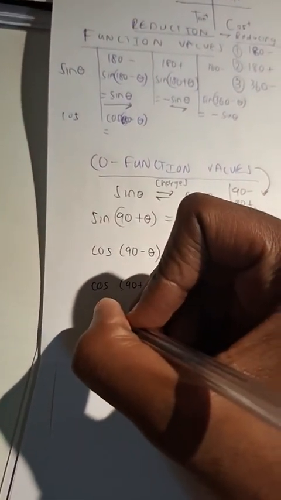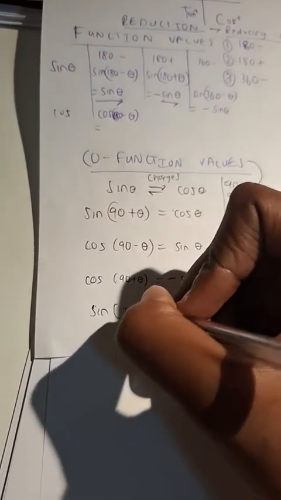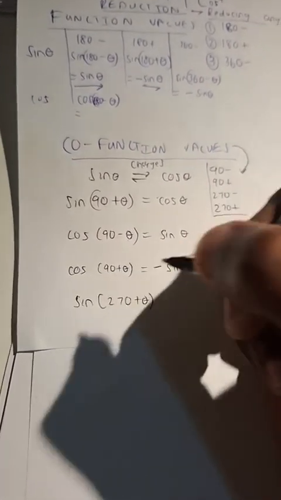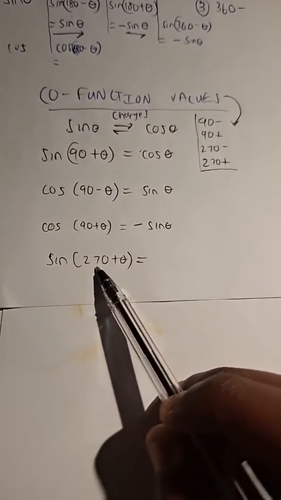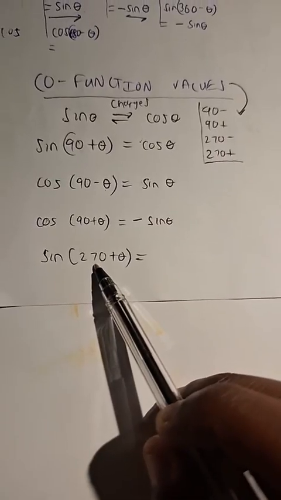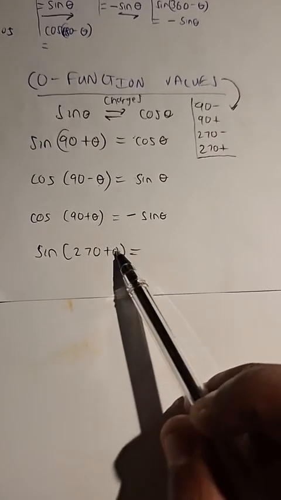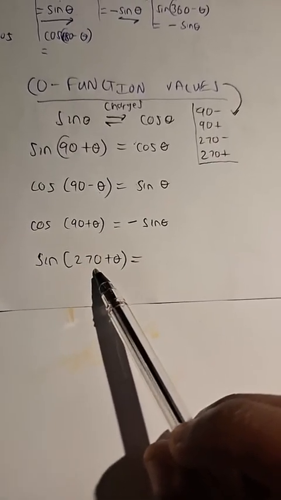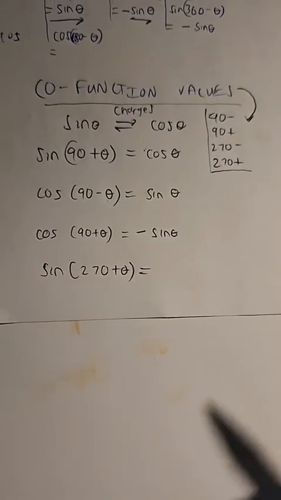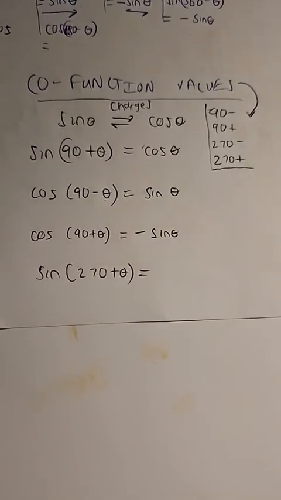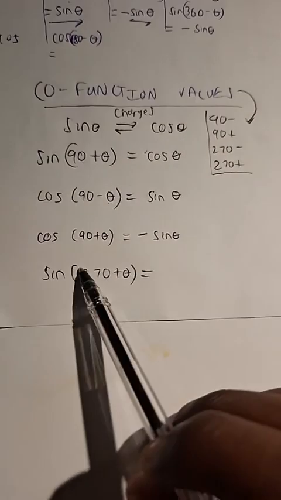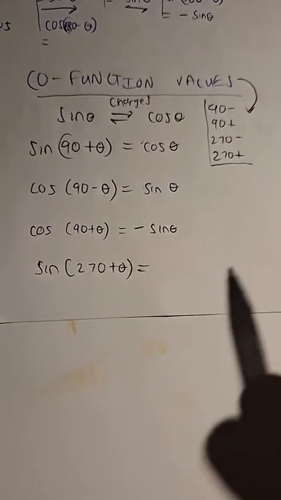Okay, let me just do one more. Let's say sine of 270 plus theta. Now, it's only in the new Mind Action series textbook that they officially recognize 270 plus and 270 minus as a co-ratio in our South African CAPS syllabus. So as such, in this new Mind Action series, we can take this as a co-function value.